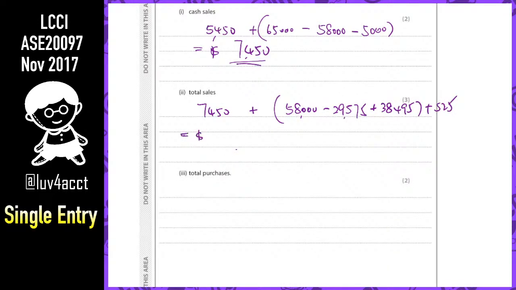Okay, again: 7,450 plus 58,000 minus 29,575 plus 38,495 plus 525 equals 74,895. Okay, let me check again. Yes. Total sales. Okay, so please wait.